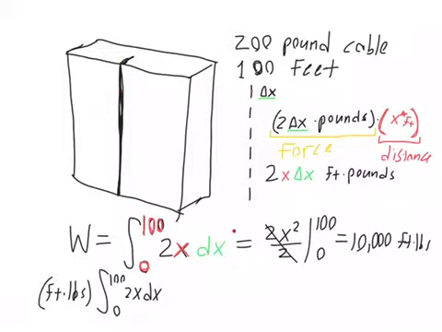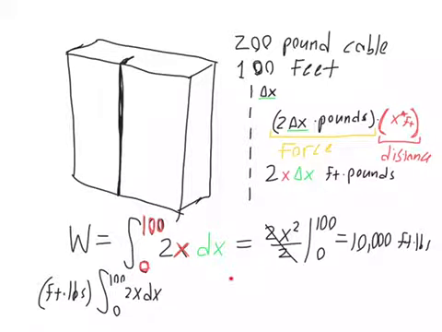Anyway, okay, back to this. Distance for each piece, 2x. Small distance, delta x. As delta x goes to infinity, very simplified way of putting it, we end up with this nice equation for work.